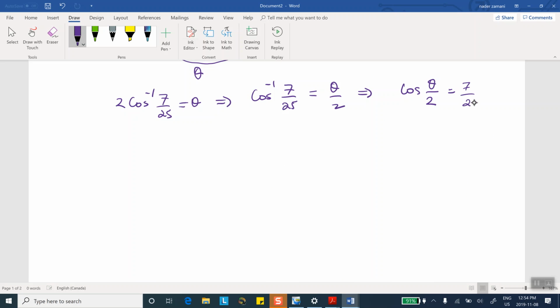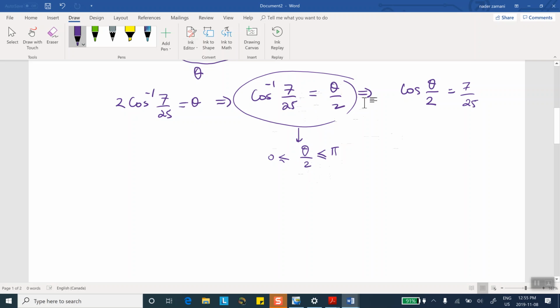Just be careful here. When you write this, you're going back to the inverse trig functions. It means theta over 2 is between 0 and pi. Just keep that in mind.